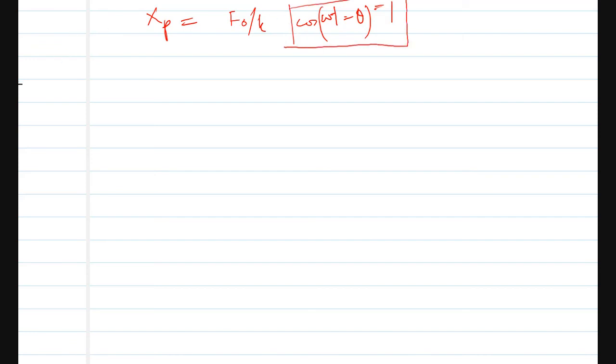So if I take capital XP, that means I have to put cos(omega t minus theta) equals 1. This is what I have to consider to get the maximum amplitude of vibration divided by square root of (1 minus omega squared over omega n squared) whole squared plus (2 zeta omega over omega n) whole squared.